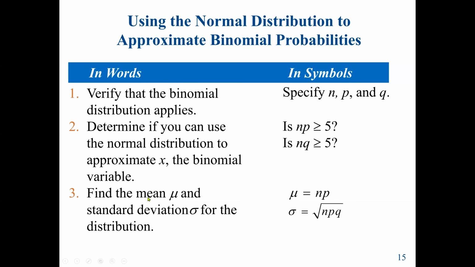The z-score will be the value of that random variable, which is x, minus the mean, over the standard deviation. So that's why it's very important that when we are using the normal distribution to approximate a binomial probability, we need the mean and the standard deviation.